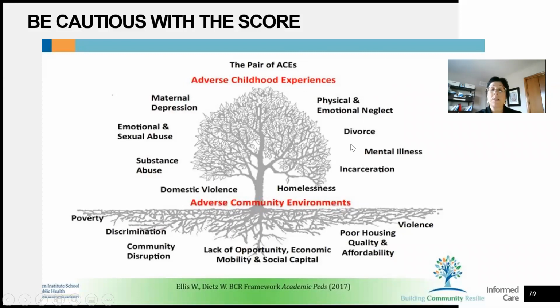So while I think it's really important for us to consider those categories as well as in relation to who we have in our classroom and the students that we are working with, I also think there's a caution that needs to be made with just assigning a child an ACE score.